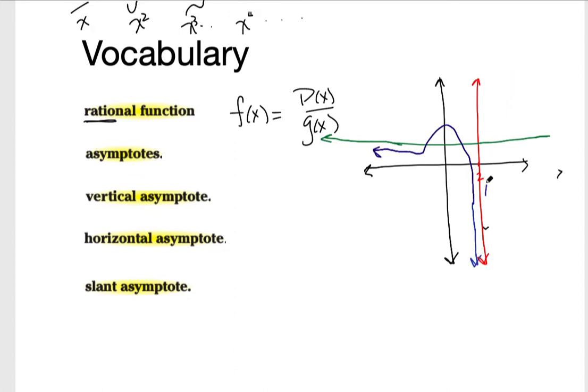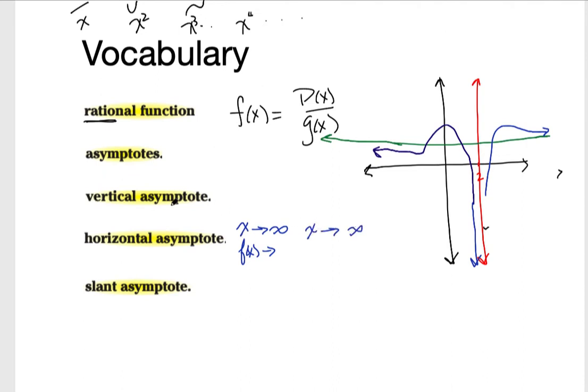Again, a horizontal asymptote is more about end behavior. We think about horizontal asymptotes when we ask, as x goes to infinity, what's happening with f of x? What is it approaching? Remember before we talked about end behavior: as x goes to infinity, the function would generally go to negative infinity or positive infinity, and as x goes to negative infinity, we'd have a similar situation.